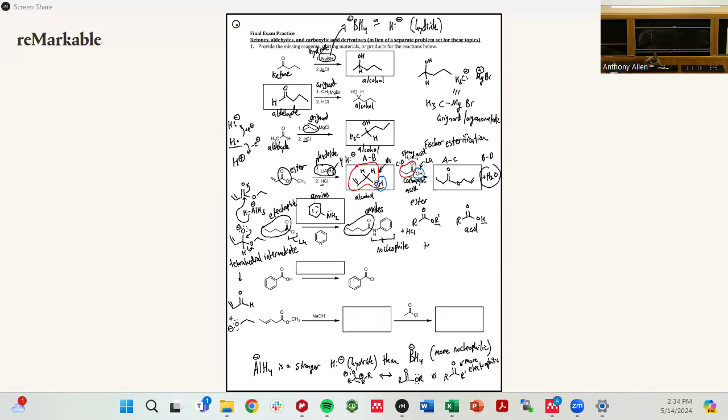So let's do that. What's the tetrahedral intermediate? Well, that's what happens when the amine first adds to the carbonyl. So the amine lone pair goes to this carbon of the carbonyl, which breaks my pi bond. So your tetrahedral intermediate always has O minus.